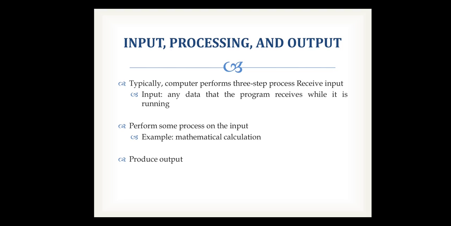First one is input, any data that the program receives while it is running. Second, it performs some process on the input, for example a mathematical calculation. Afterwards it will produce some output. So these are the three basic steps.